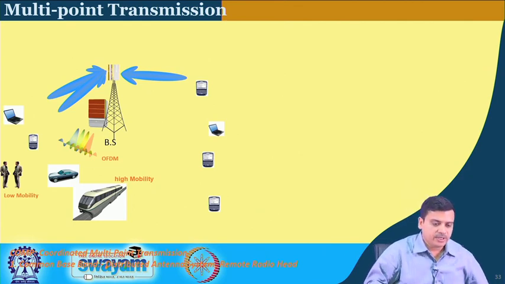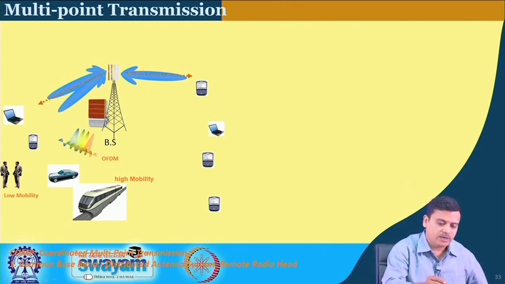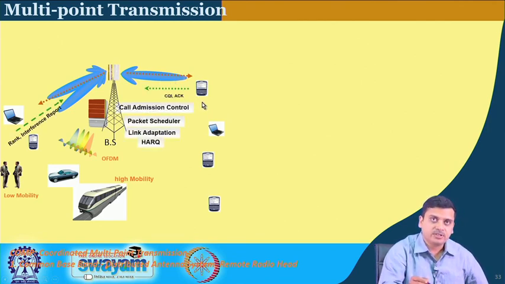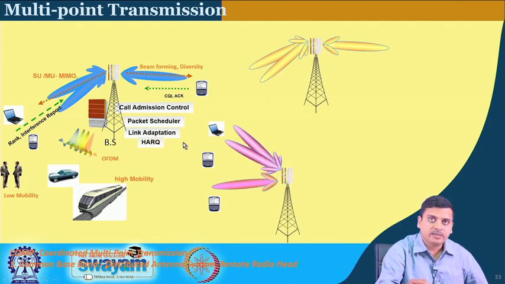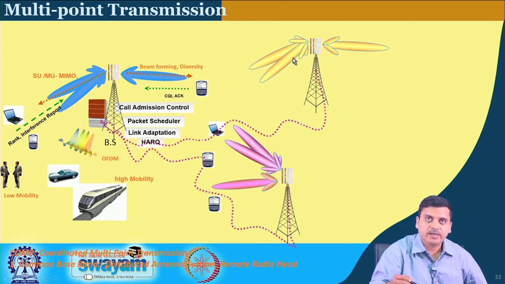So, pictorially what we can see is that one base station with multiple antennas enabled and beams formed in different directions. So, they will communicate with the different users via several such procedures which enable the communication, and along with it there could be other base stations nearby and they would be connected.